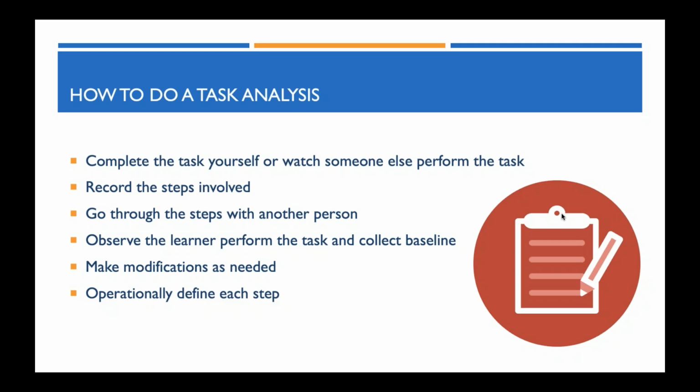So if you are teaching a task analysis at school, make sure you review the steps with a colleague, or if you're a parent, review it with your significant others to make sure you're not missing anything. And then once you do that, you can observe your learner perform the task and then collect baseline data to see what steps they can do and what steps they can't do.